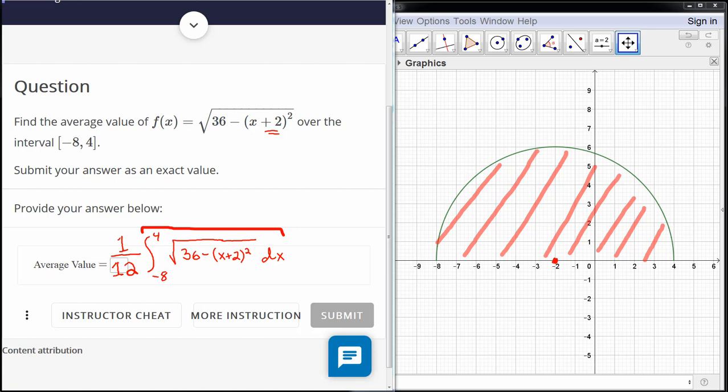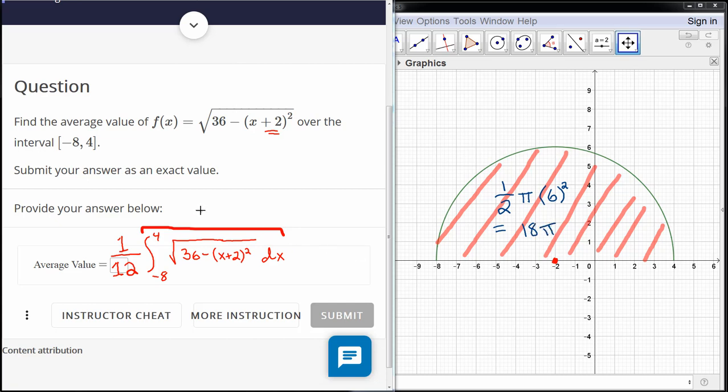The area of a semicircle is going to be 1/2, because it's half of a circle, times pi times the radius squared. And the radius we said was 6. So that's going to be 18 times pi.